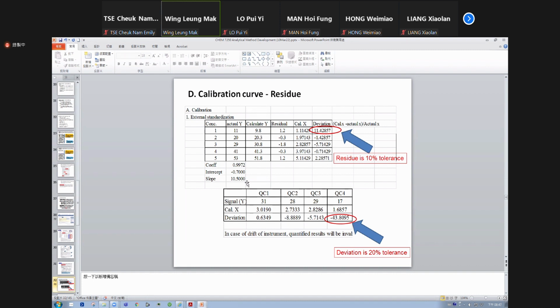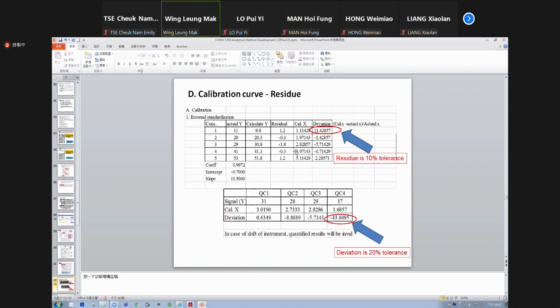You may define it with the slope. The coefficient is 0.99. Maybe the R square is 0.98 something. But you see, the lowest point has a large deviation. If you set the criteria only plus or minus 10%, this point cannot be used. Okay.